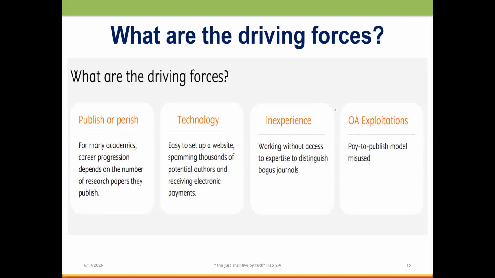So what are the driving forces for people publishing in these predatory journals? There is what we call publish or perish. In academia, career progression depends on the number of research papers published. If you want to be promoted or finish your work, you have to publish, so people may end up finding any journal and submitting their work there.